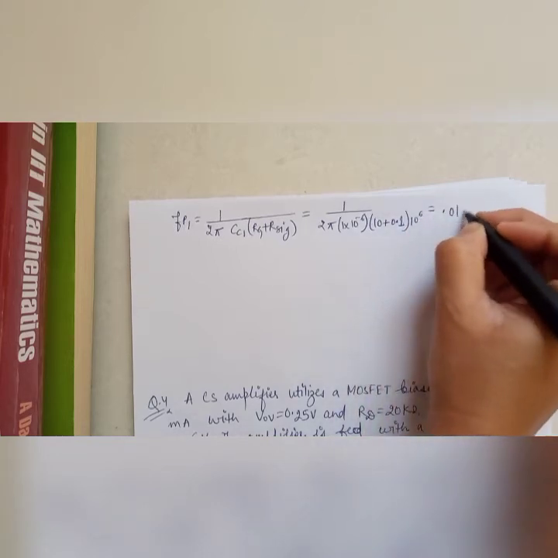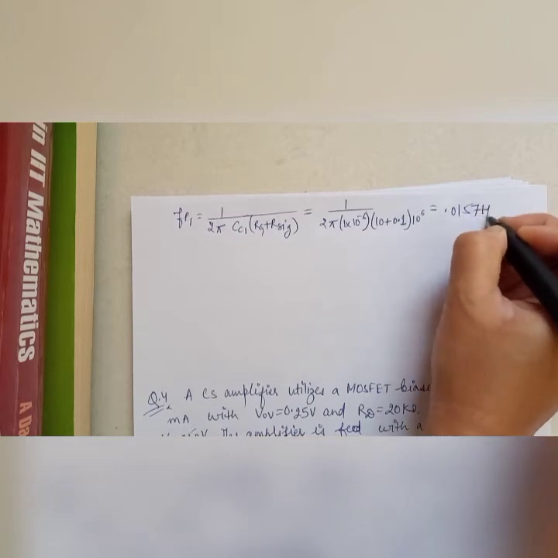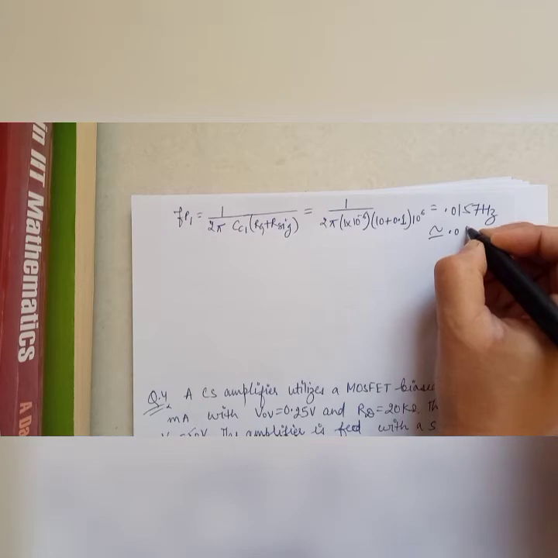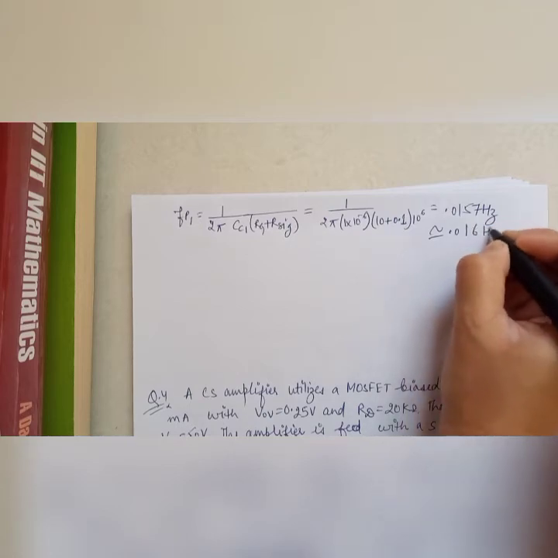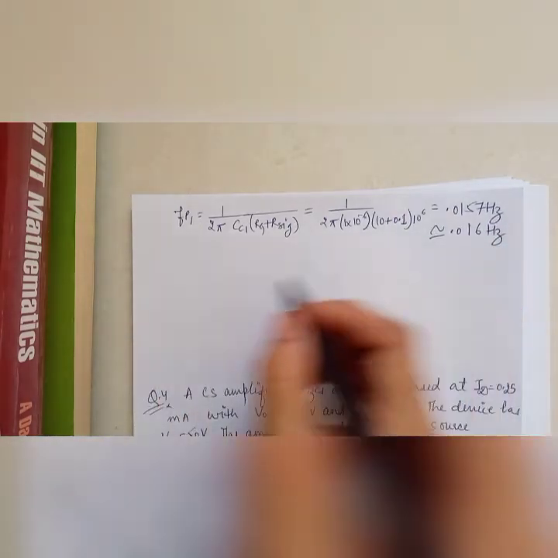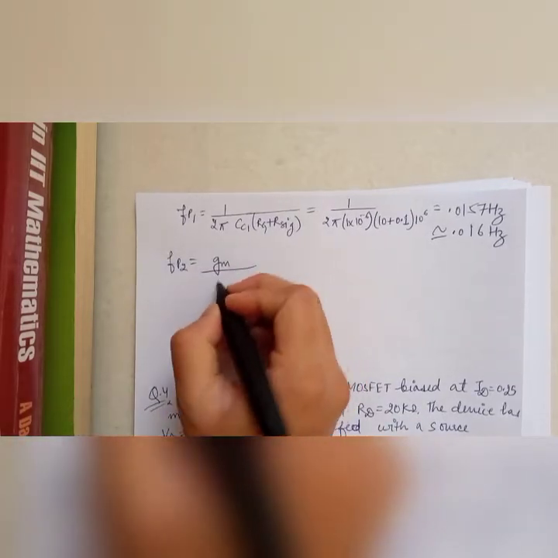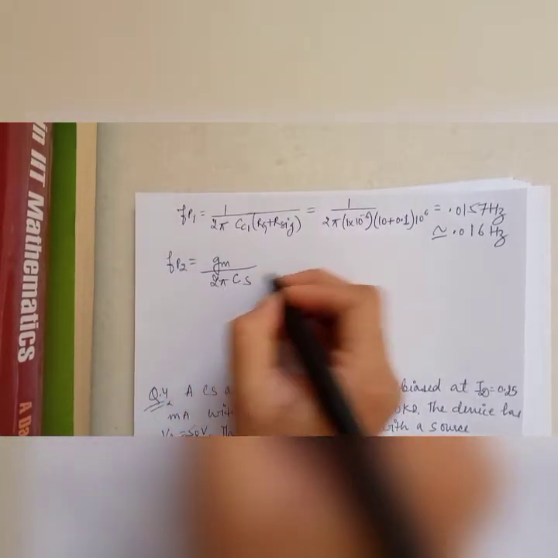This will come to 0.0157 Hertz. I can write this as near about 0.016 Hertz here. Now I'll find out FP2, that is GM divided by 2 pi CS.